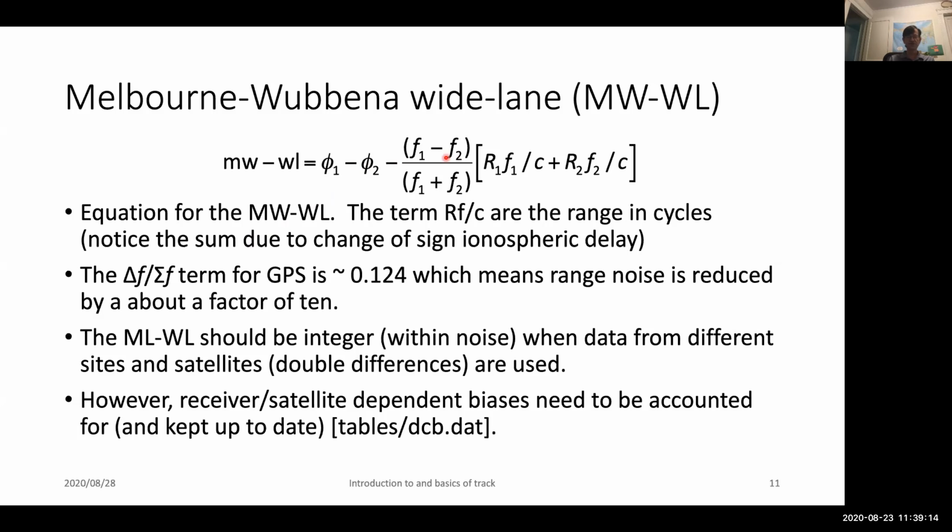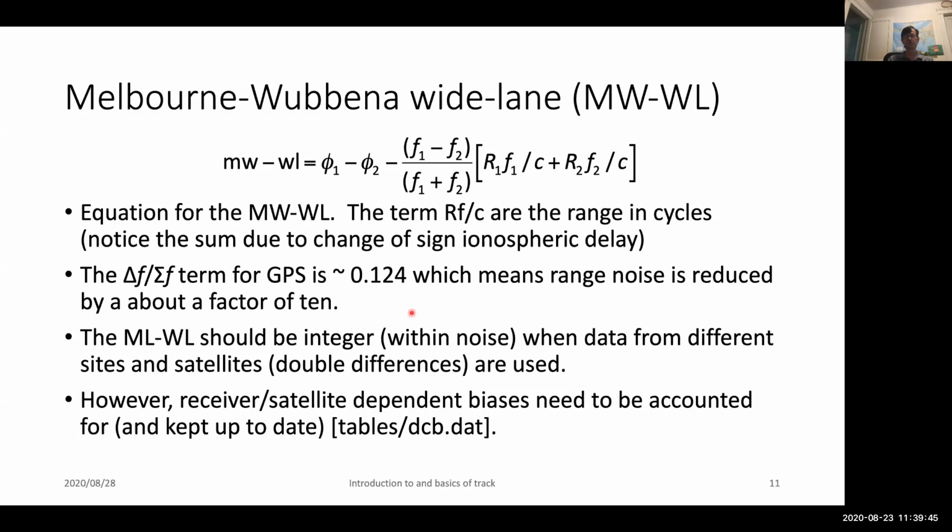Now that difference in frequency pair, delta F over sigma F for GPS, is about 0.12 for the standard L1, L2 channels. For the other GNSS constellations, the number is of the same order. The one big difference would be for the Indian IRNSS system, where they use S-band, and that would be a substantially smaller number for that system. But as I said earlier, we don't really have data from that system that's useful at this point.